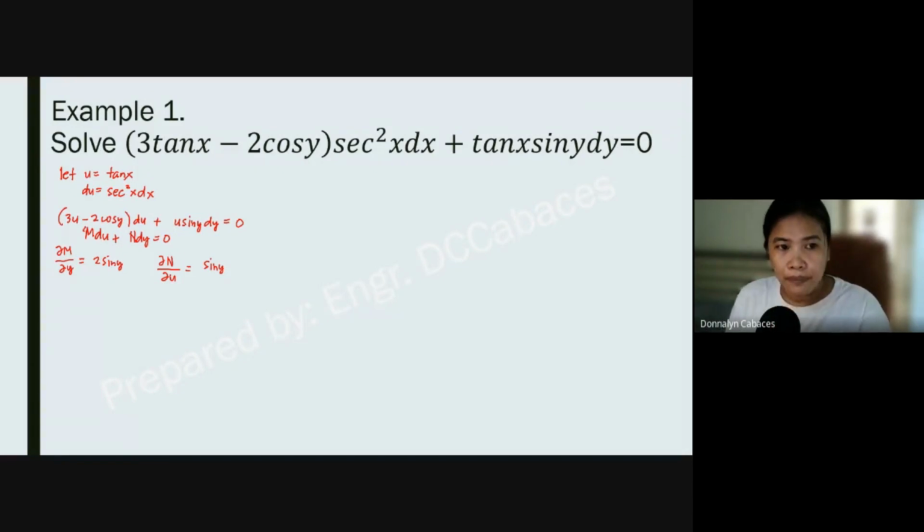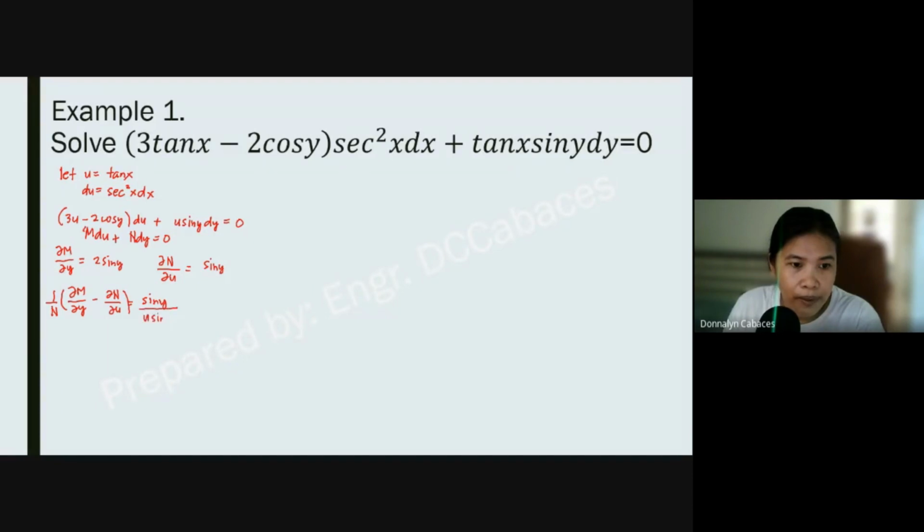Okay? So let us see if we can make it exact. Taking the difference of the two partial derivatives, you have here 2 sine y minus sine y, that is sine y. Comparing it to our M and to our N, we divide it by N, so divided by u sine y.